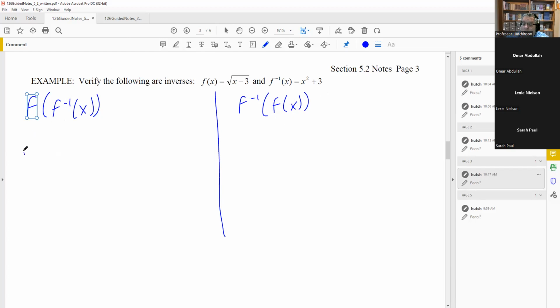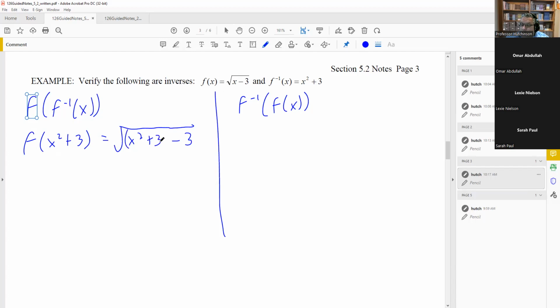So we're still going to start with the inside. We're going to start with the inverse, which is x squared plus 3. This has to be put into the original function. Well, the original function is the square root of x minus 3. So if we put that in there, we have a square root, a blank, minus 3. We're going to get rid of the x and replace it with x squared plus 3.